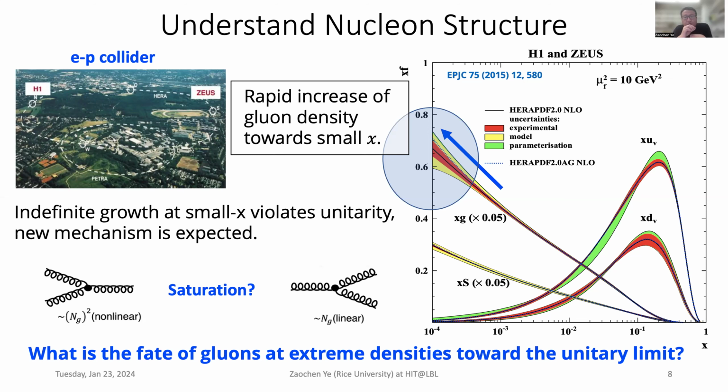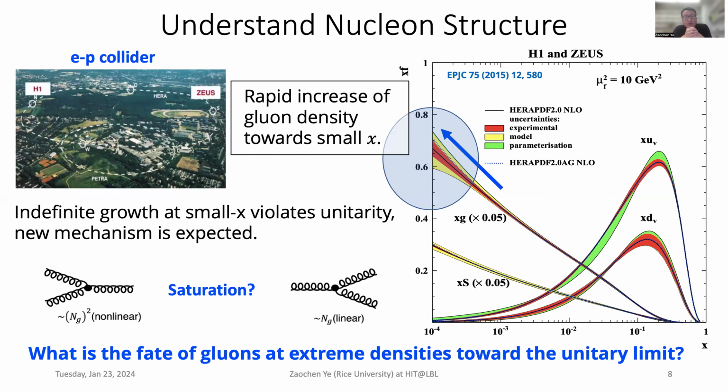So at sufficiently low x region, the gluon recombination is expected to balance the gluon splitting, which would eventually saturate the gluon density and form a new form of matter, the so-called color glass condensate. However, the exact condition to realize or observe the gluon saturation is still not very clear today.